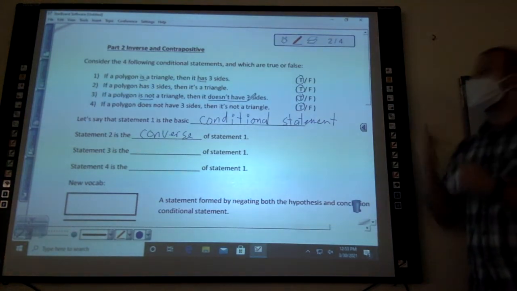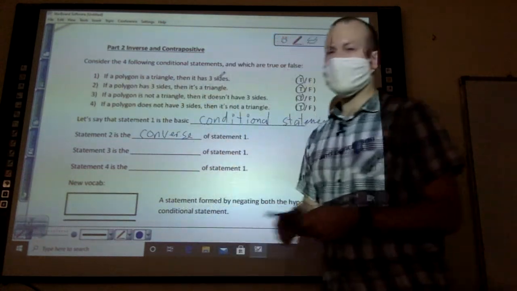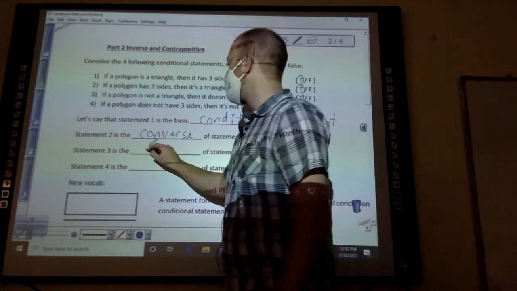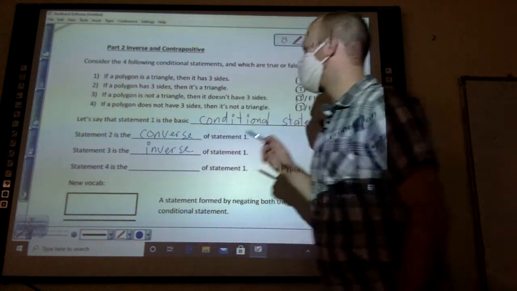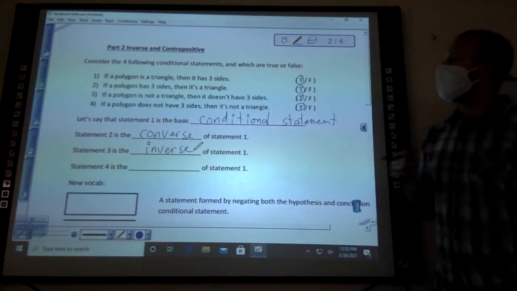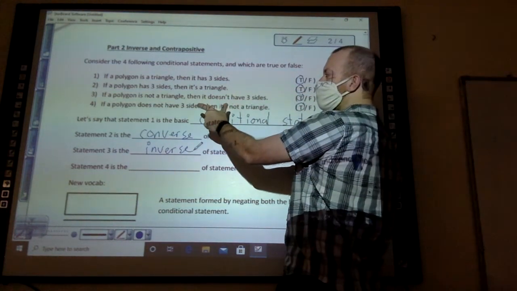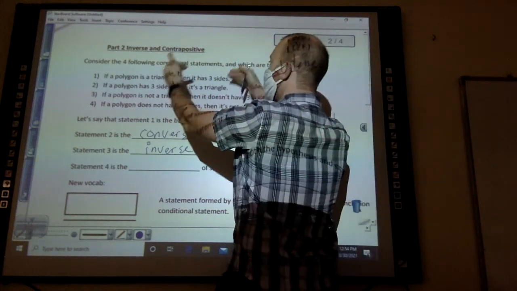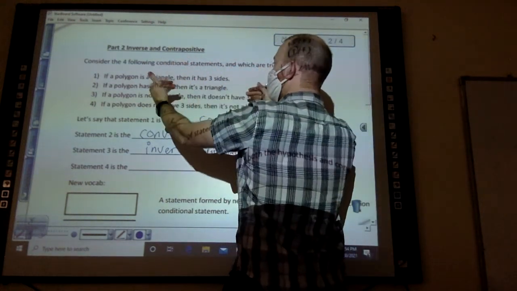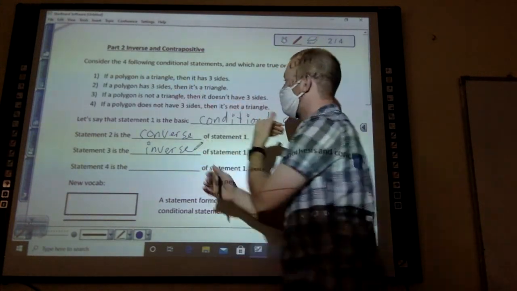I'm making the negative of those statements. So statement 3 is called the inverse. These are 4 terms that you'll need to remember. And the last one, I made it negative, and then I switched them. So there's normal, switched, negative, or switched negative.